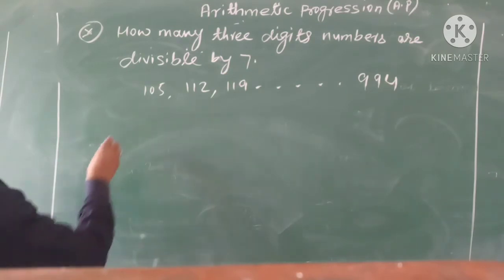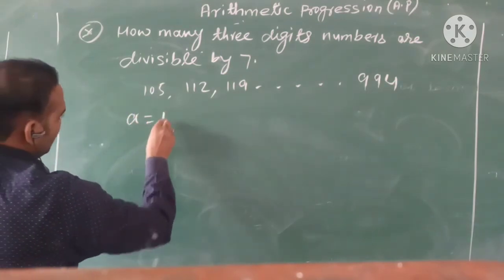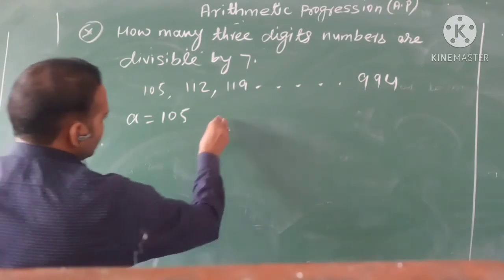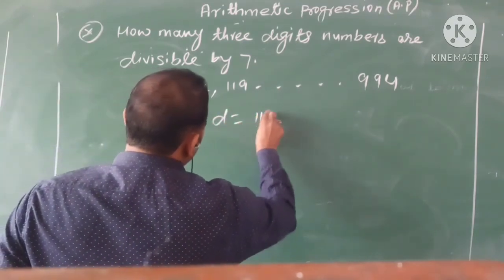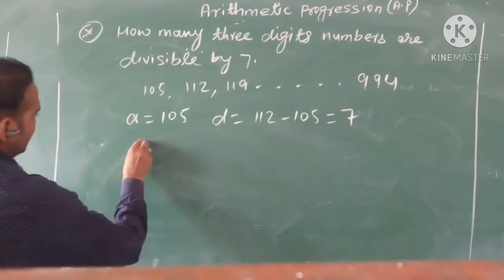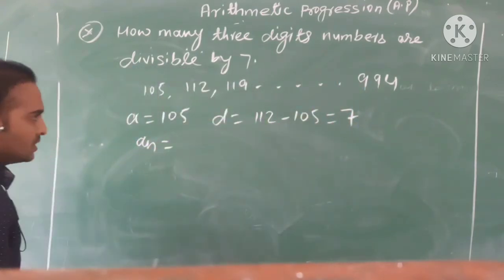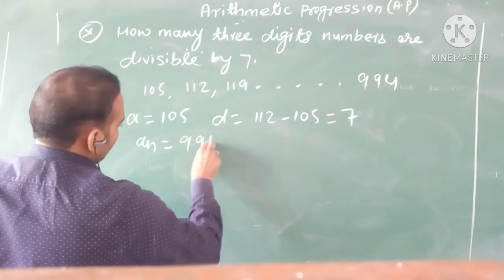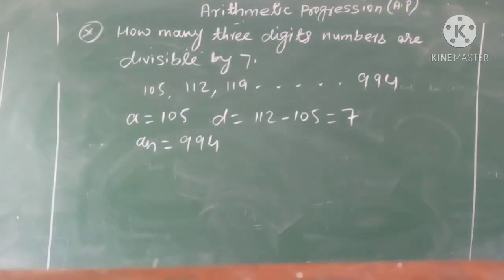What is its first term? 105. What is its common difference? 112 minus 105, that is 7. What is its last term? That is the nth term, 994. What to find?